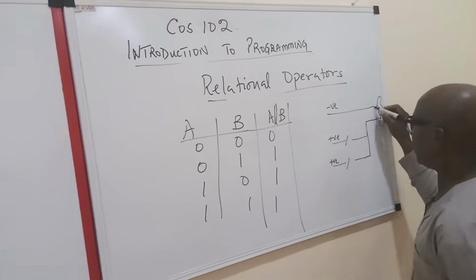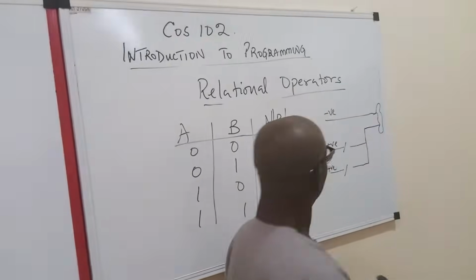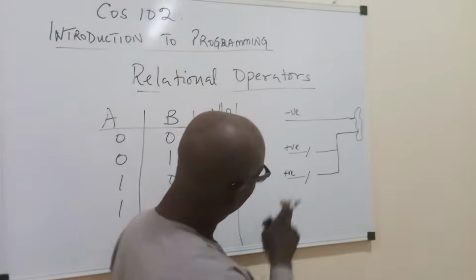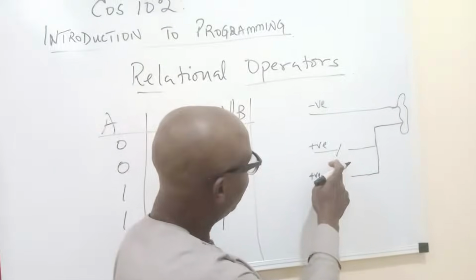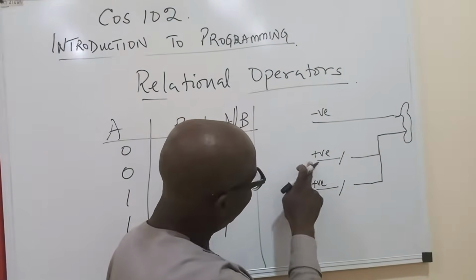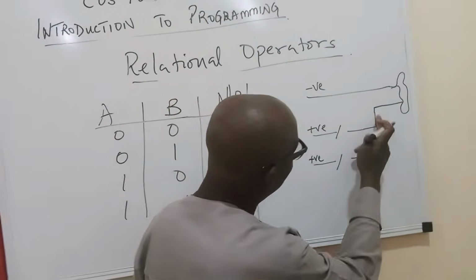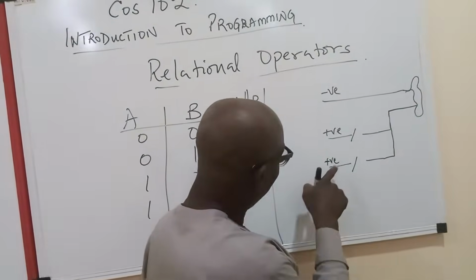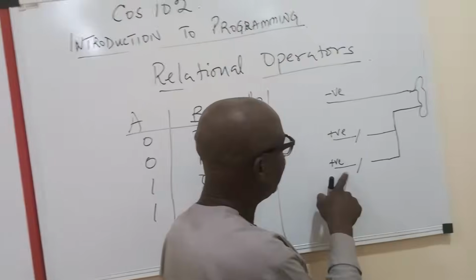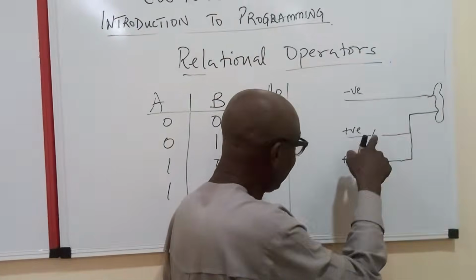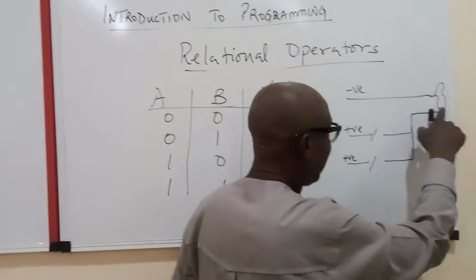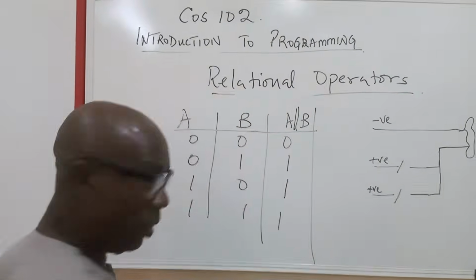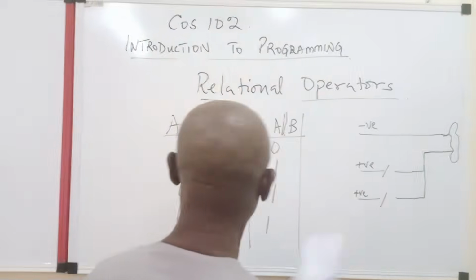You will agree with me that if you switch this on, the positive current will pass here and this bulb will come on. If you switch this on while this is off, the current will still pass and this bulb will be on. If you switch the two on, the bulb will still be on.